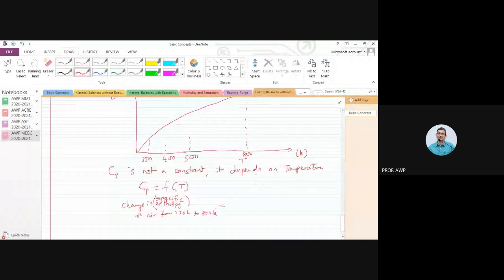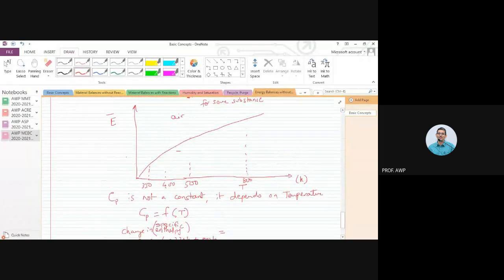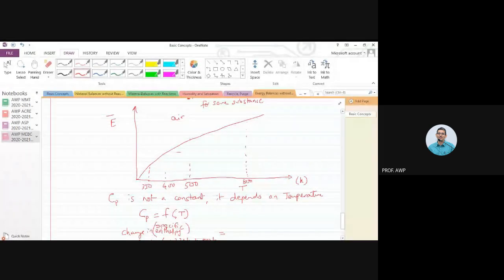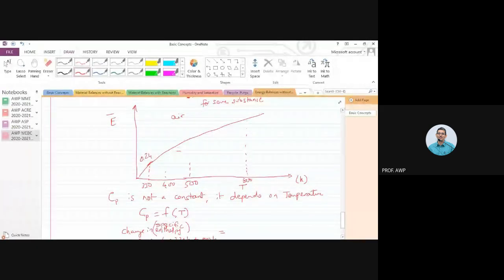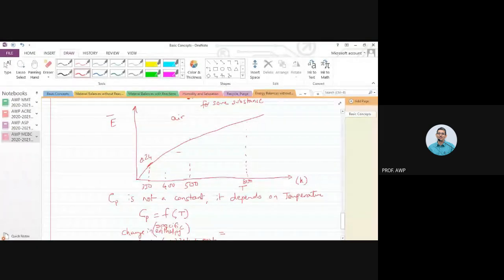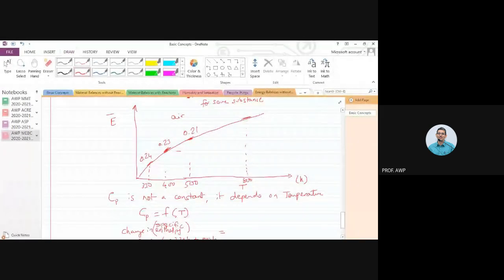How will I calculate? Suppose I say that Cp here is 0.24, Cp here is 0.23, Cp here is 0.21, Cp here is 0.18.